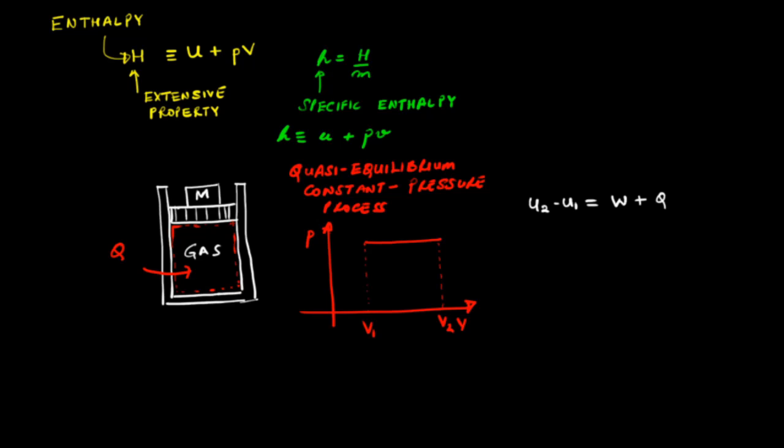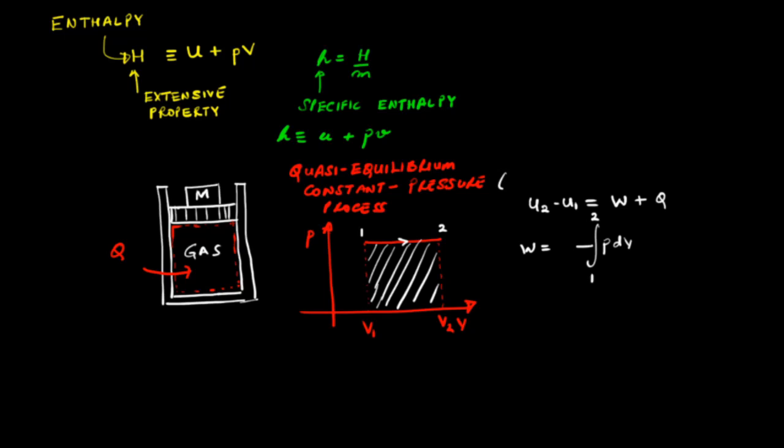Now to calculate the work done on the system, we simply have work done is equal to minus integral of P dV going from 1 to 2, and the magnitude of this work is simply the area under this path that takes the system from state 1 to state 2 through a constant pressure process.